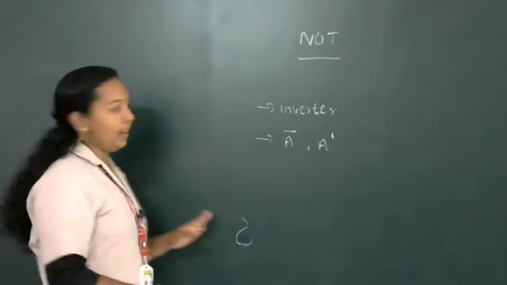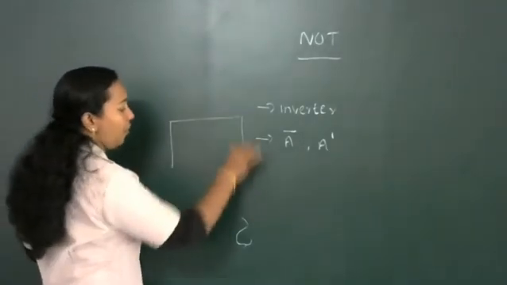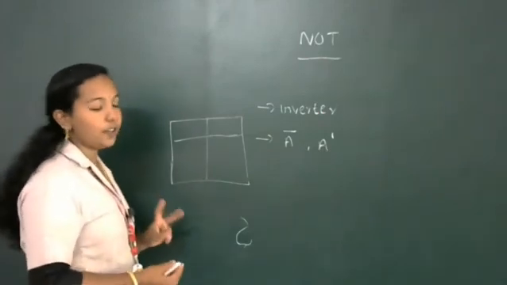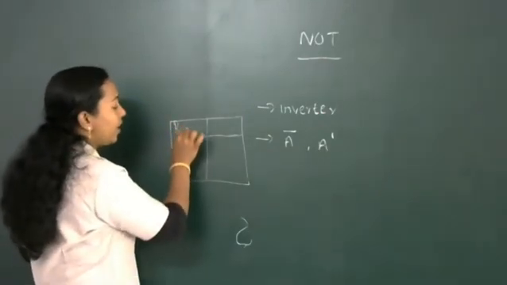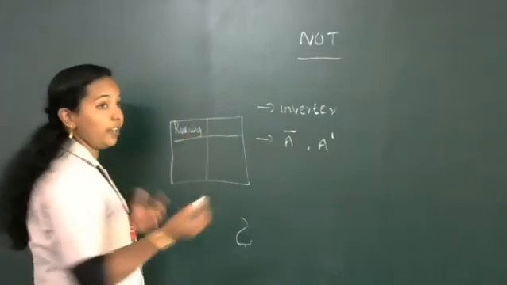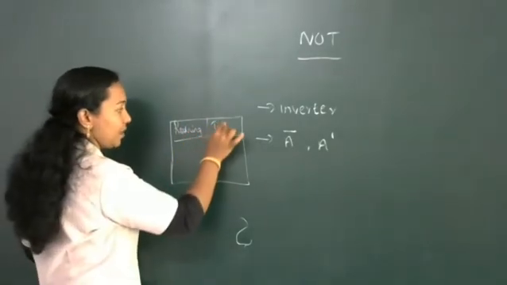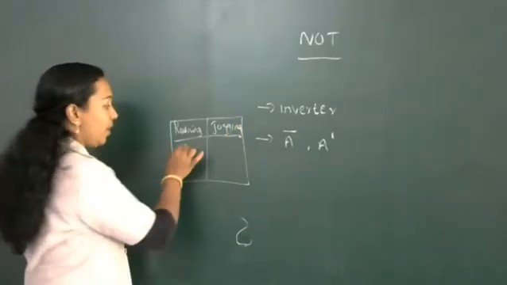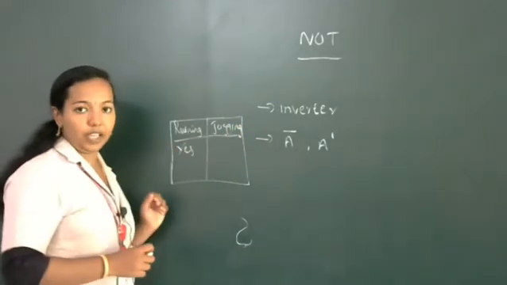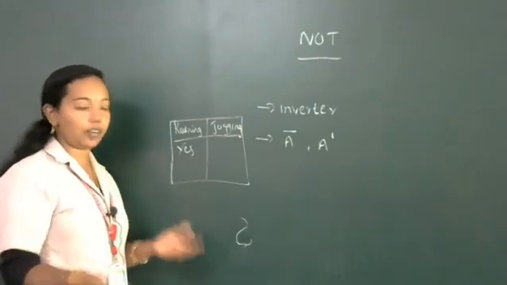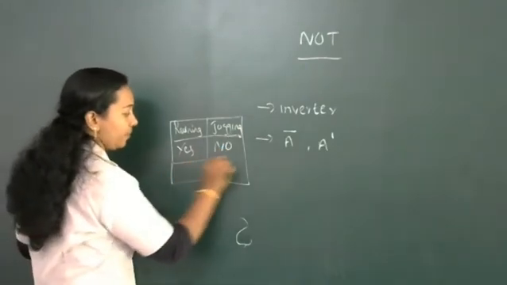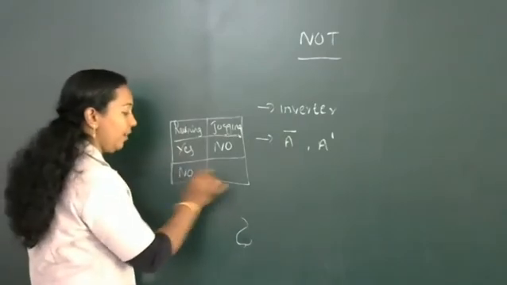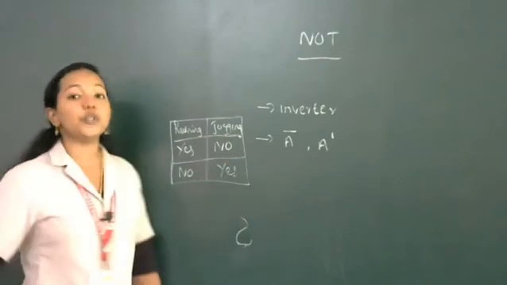Now with a real life example, suppose you want to go for jogging. There are two possibilities. If rain is there, then we can't go for jogging. If there is no rain, then we can go for jogging.